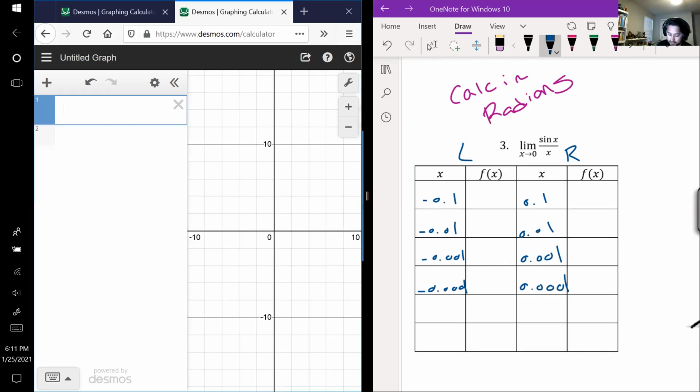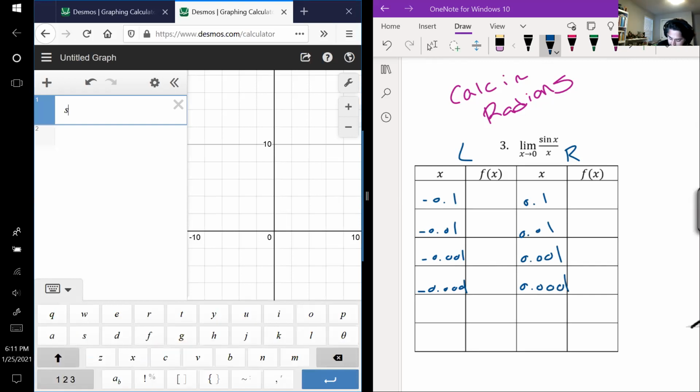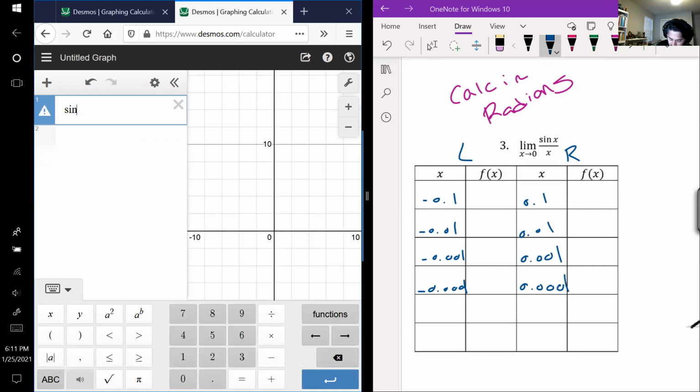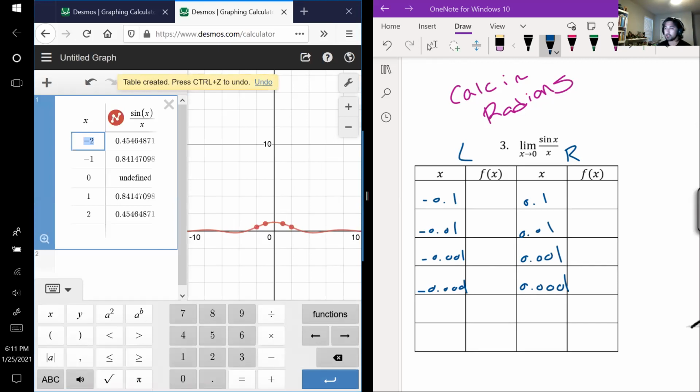And let's see what this gives us. So I guess I should type in the function first, right? So let's see. Just have sine of x over x. There we go. And then I hit the little gear icon, table. And I'll just use the numbers I've written.